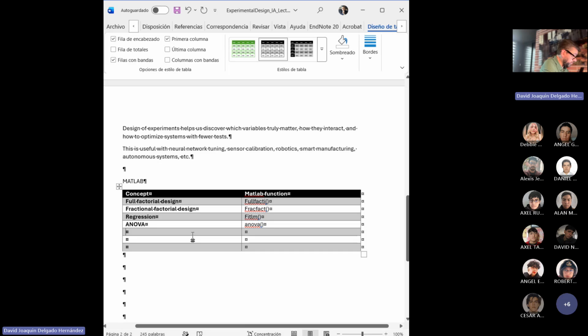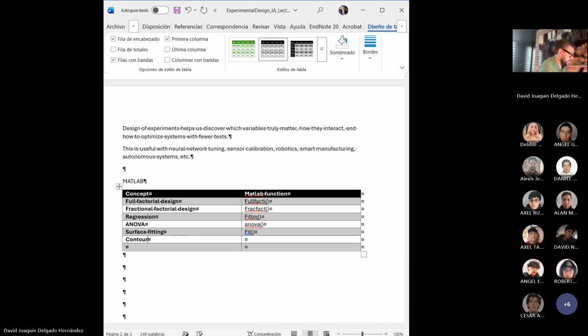For surface fitting, you can use fit. There are some others like contour plots, and the command is precisely contour.